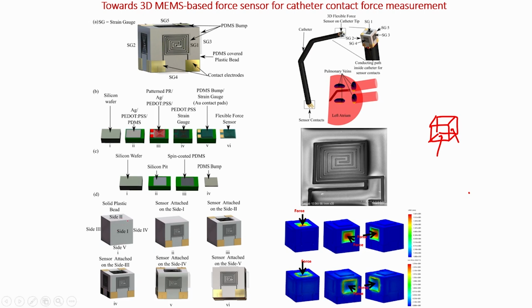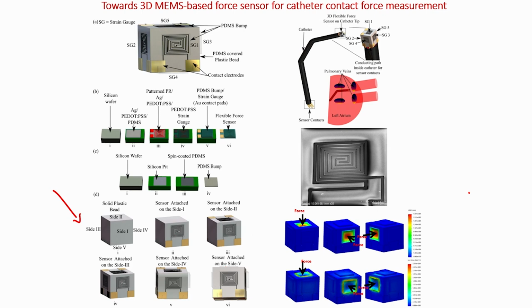One side you will not use because you have to attach that sixth side to the catheter tip, alright. So you will only attach 5 sensors on 5 sides of the cube, and this is shown in this schematic diagram, that you have sensor 1, sensor 2, 3, 4, 5 on all the sides.